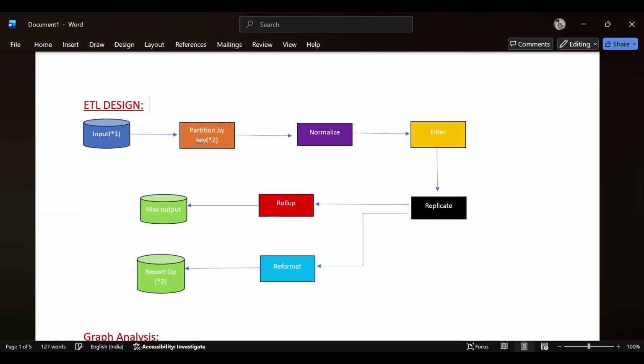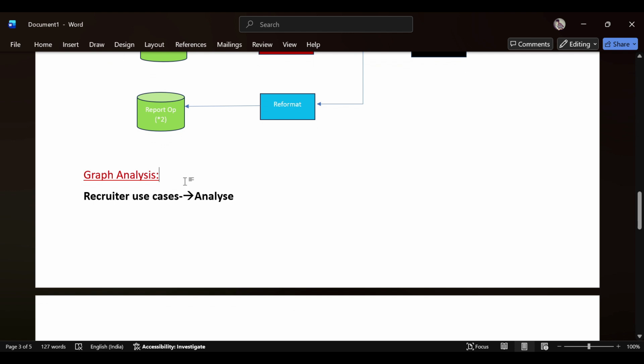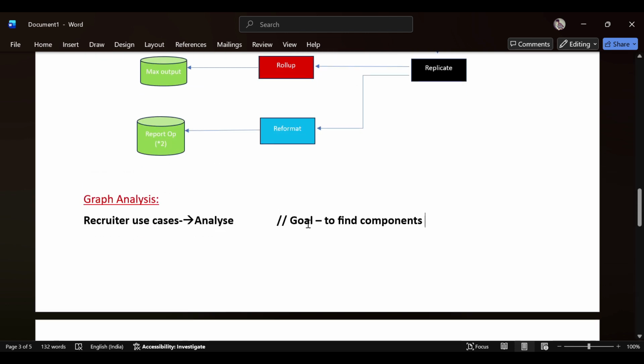Your goal is to find the components responsible for that parallelism, the components involved in the different kinds of parallelism.